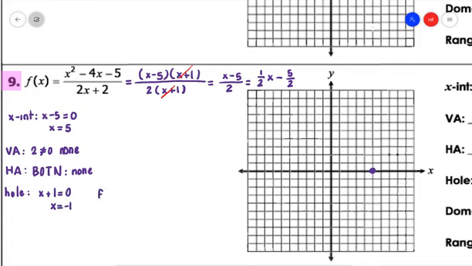And then we'll plug in a -1 into our simplified function. We've got -1 minus 5 over 2. -1 minus 5 is -6. -6 divided by 2 is -3. So our hole occurs at -1, -3. It should be right here.